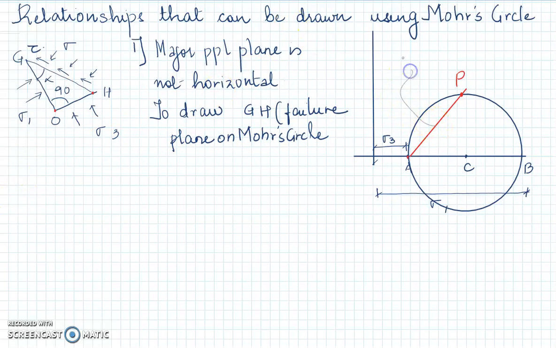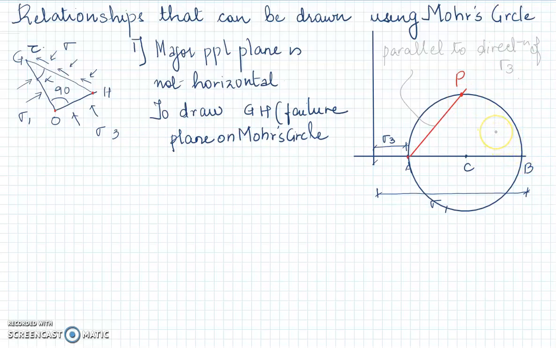So what is this line? This line is parallel to the direction of sigma 3. Then what I do? From P, I draw another line which is going to cut B. So what I am doing?